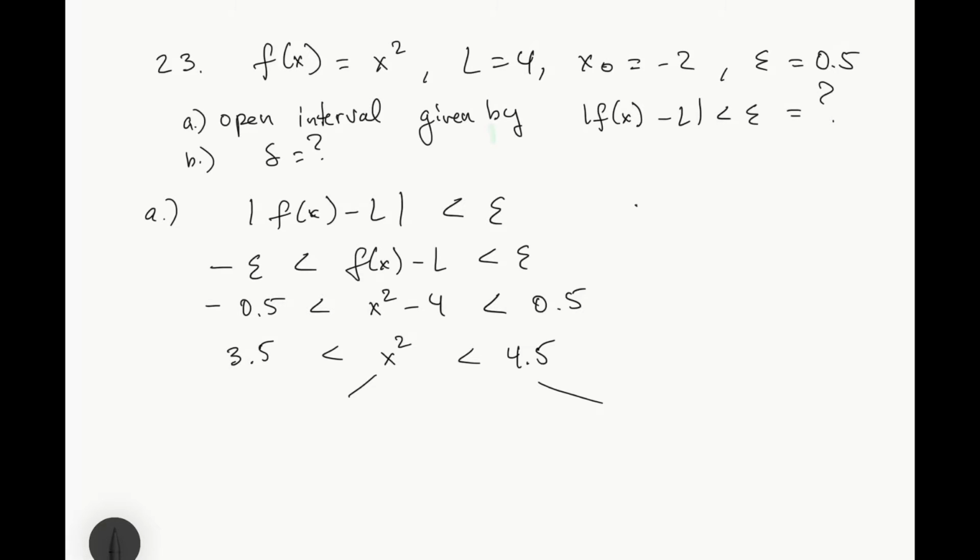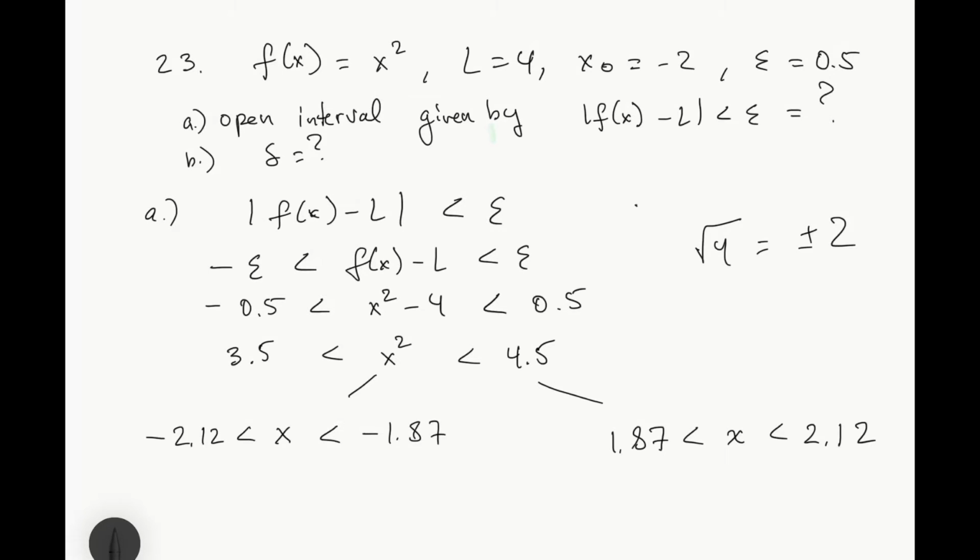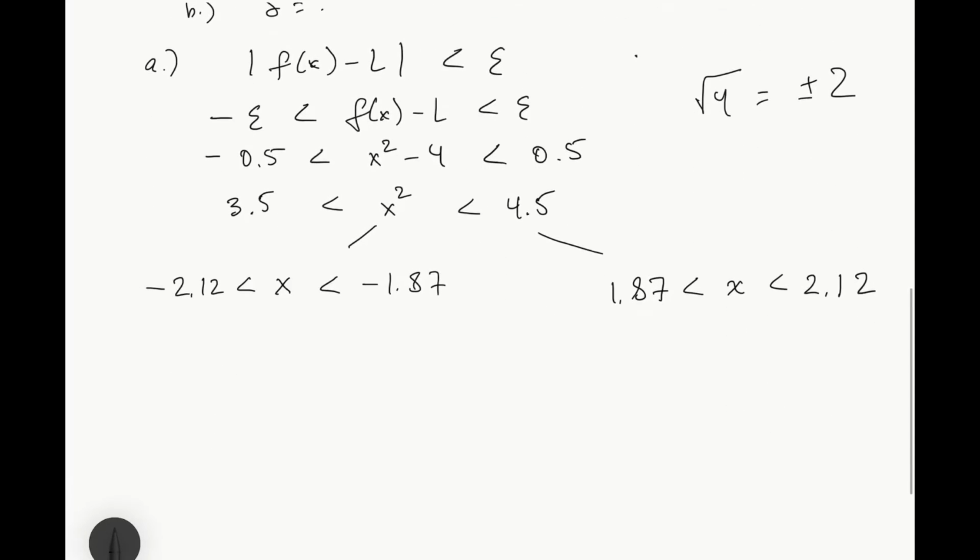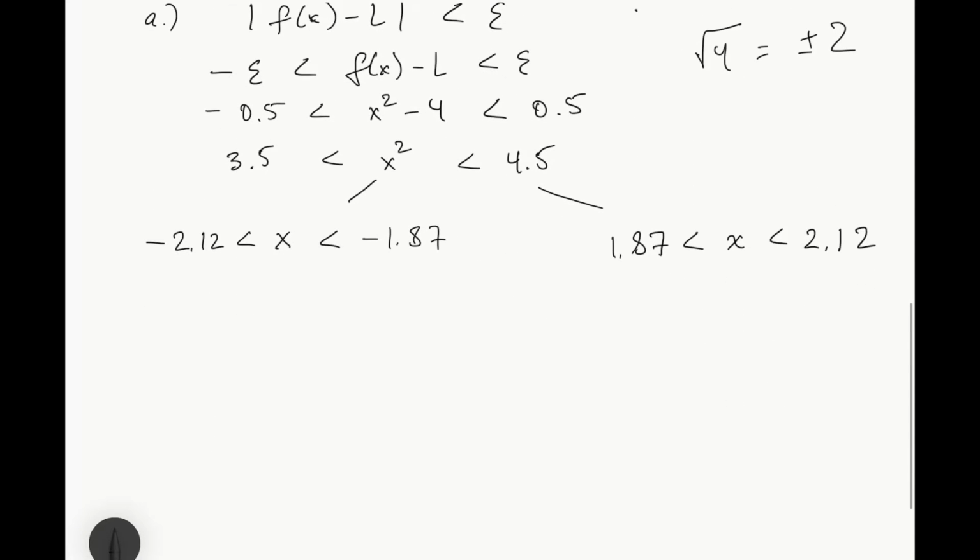Because when we take a square root of a number, say if we take square root of 4, it's going to equal plus or minus 2. So we will get the following two inequalities. We can interpret them graphically. So we'll have the interval here and the interval on the positive side.